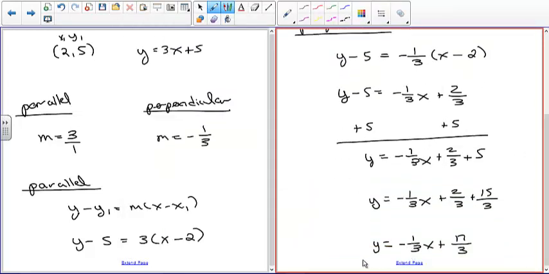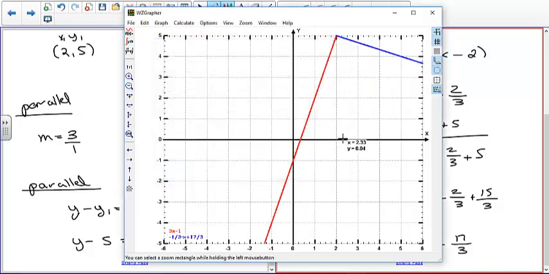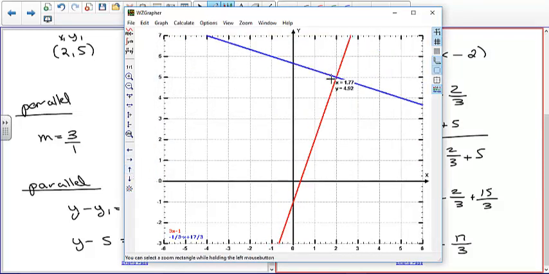Negative 1/3 x plus 17/3, and they should go through this point 2, 5. Let's just move it up a little bit. So you can see they intersect at this point, and they are perpendicular to each other. So that's good.